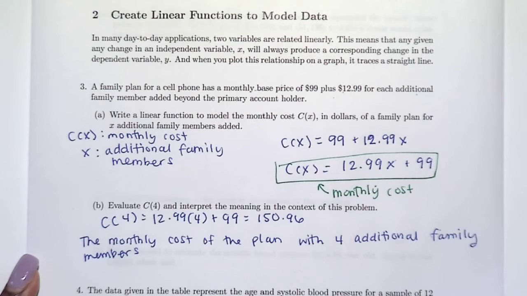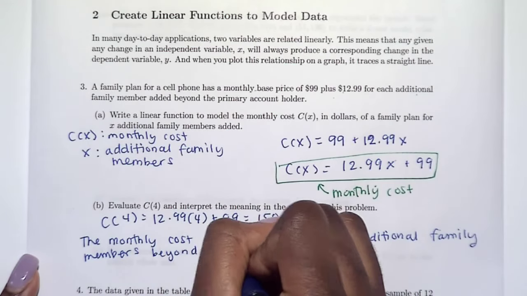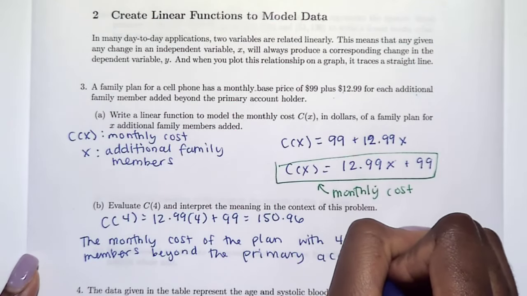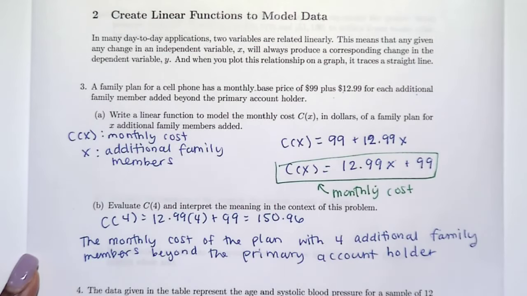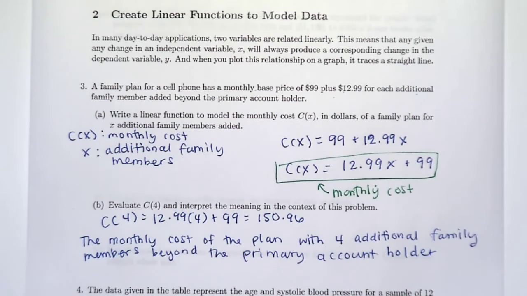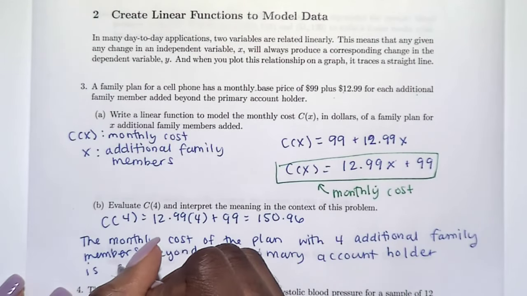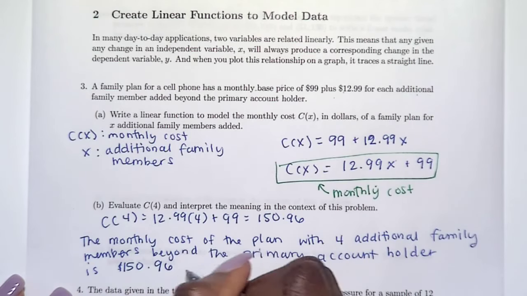I'll write all of this down. So the monthly cost of the plan with 4 additional family members beyond the primary account holder, what is that new monthly cost going to be? It's $150.96.